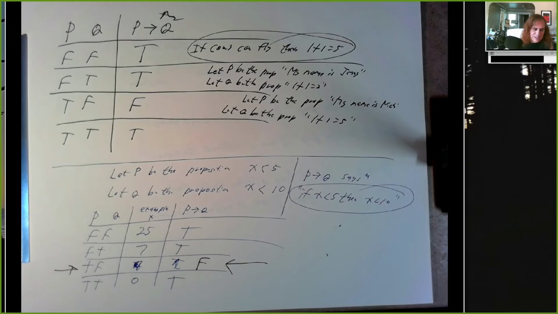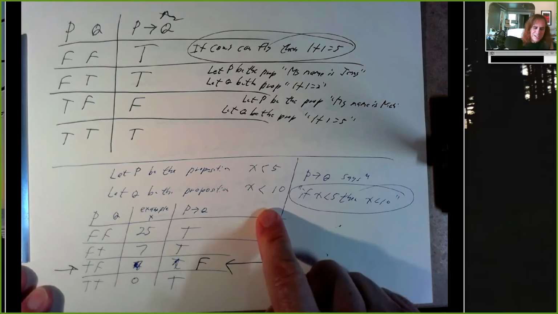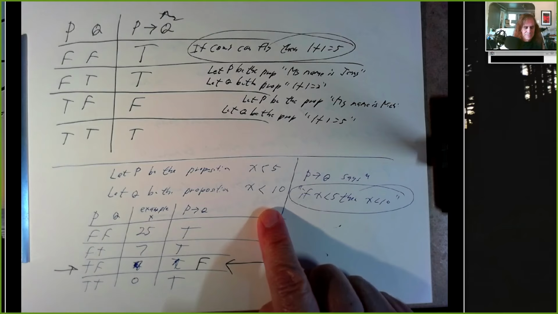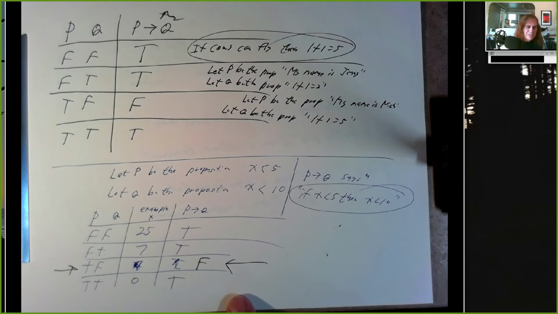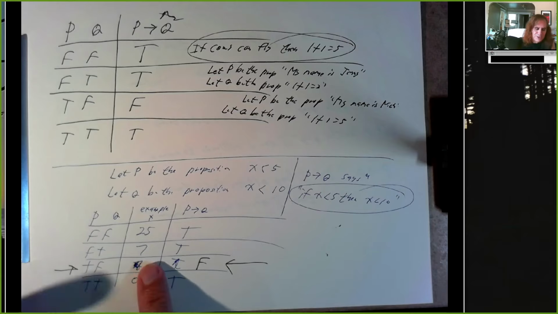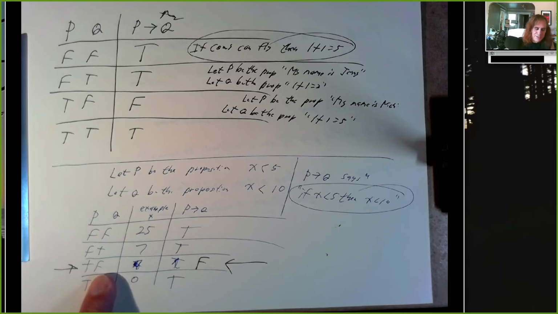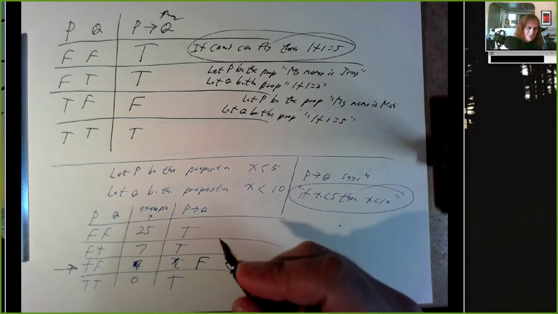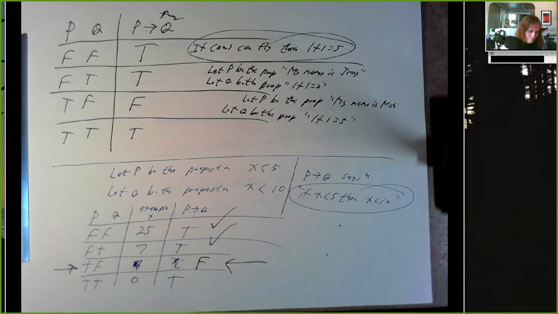There's no x which is less than 5 but not less than 10. If there was, then this statement would be false for that particular value of x. But it turns out there's no x that makes P true and Q false. So anyway, that's a motivational example for why these two rows turn out to be true.